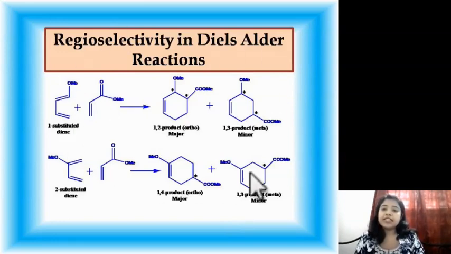Our concern is to show the regioselectivity present in the Diels-Alder reaction. Here a 2-substituted diene adds to the dienophile, and the 1,4 product is obtained as the major product, and the 1,3 product as the minor product. So regioselectivity is observed in the Diels-Alder reaction.